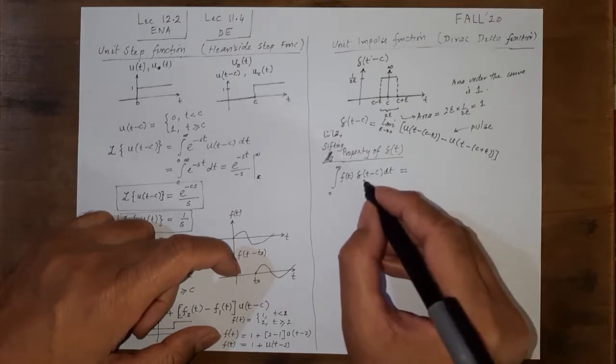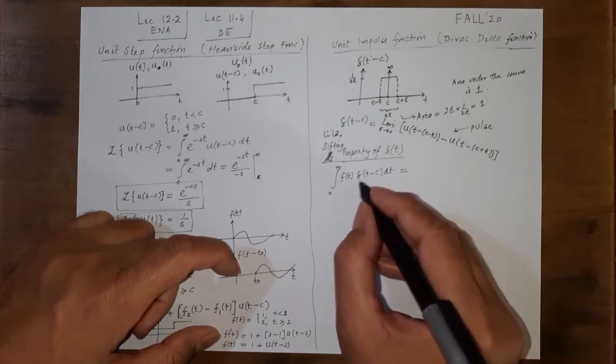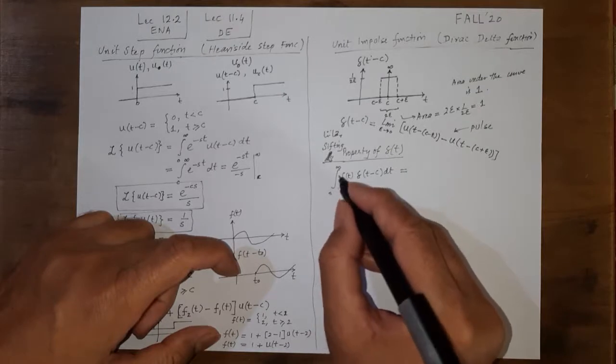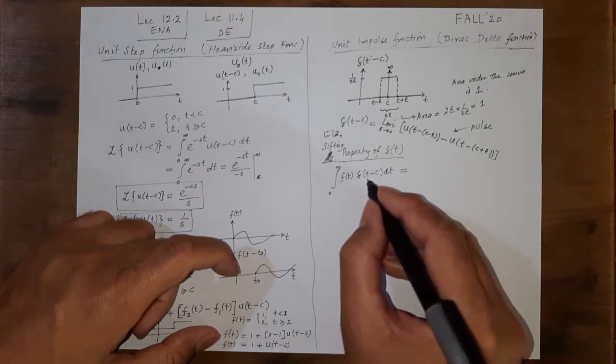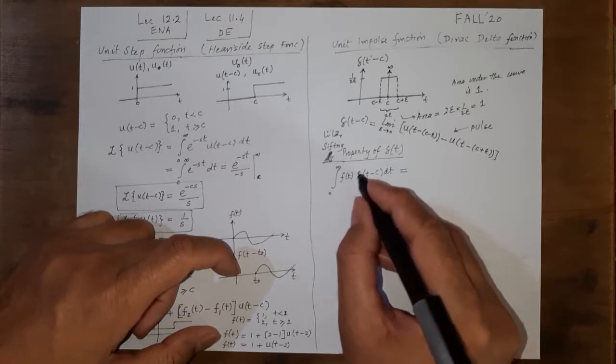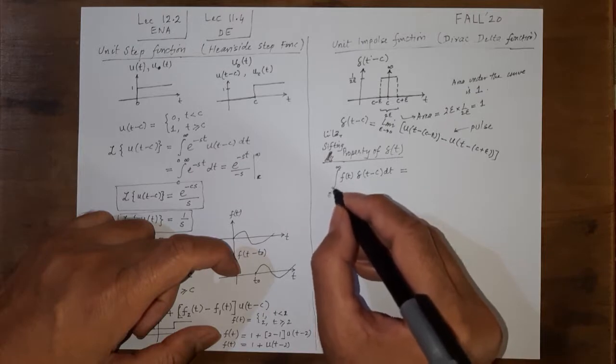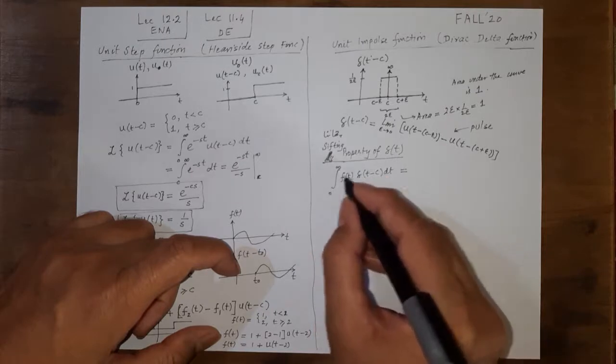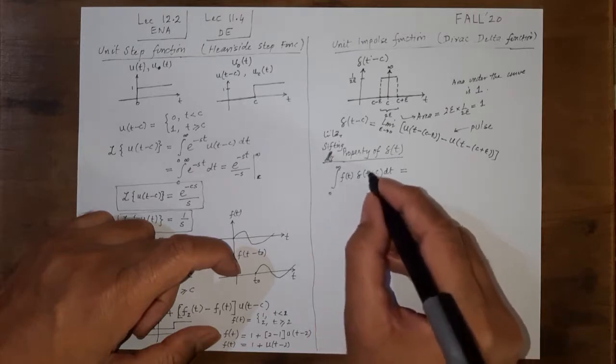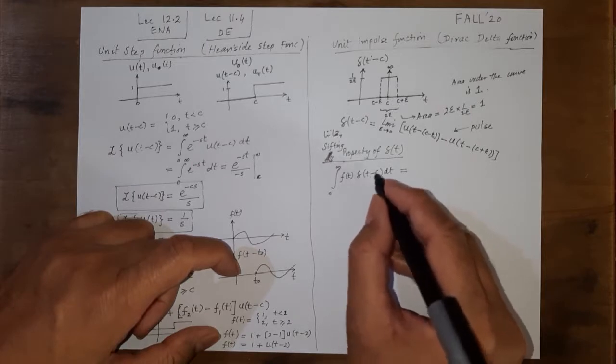So what is going to happen? We know this integral from 0 to infinity passes through the point where this impulse exists, that is t equal to c, and up till c this integrand is going to be 0, because the impulse is 0, and after c it is 0.